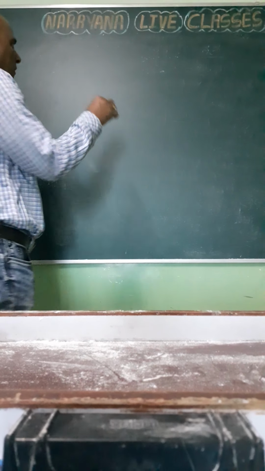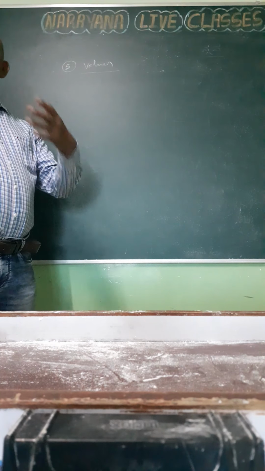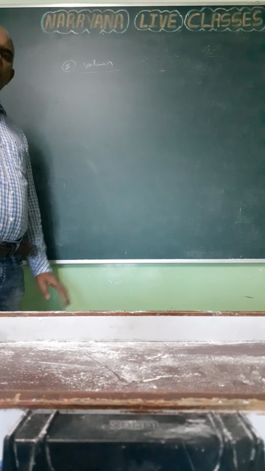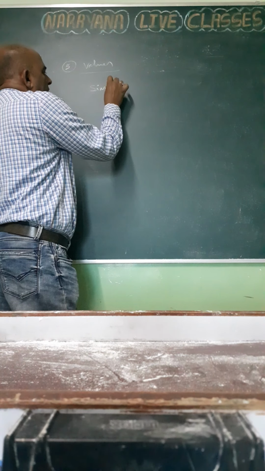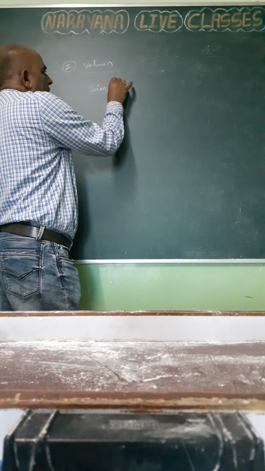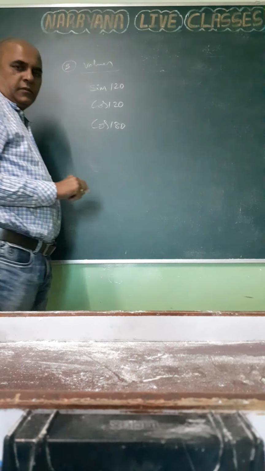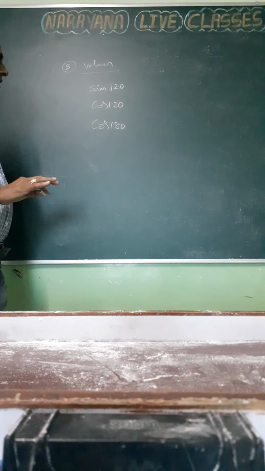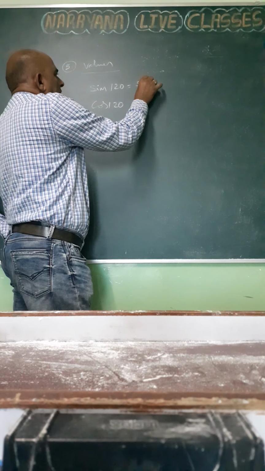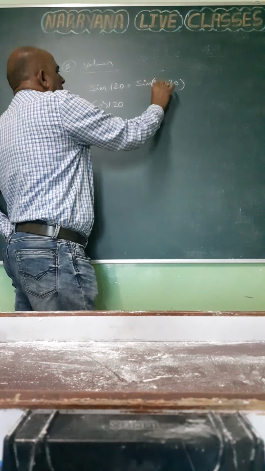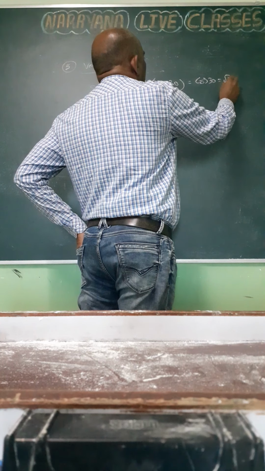Fifth one, trigonometric values. We know almost all trigonometric values, sin 30, sin 0, sin 45, everything we know, but in physics we require sin 120, cos 120, cos 180, etc. Sin 120 means sin of 90 plus 30, that is cos 30, that is root 3 by 2.